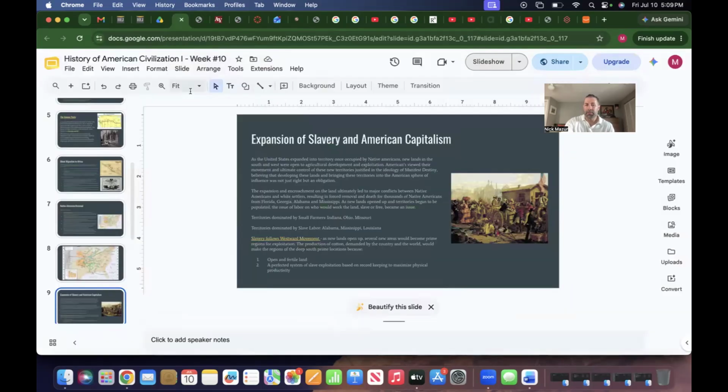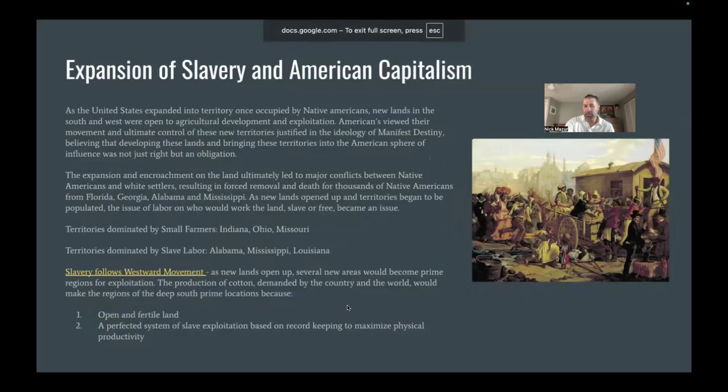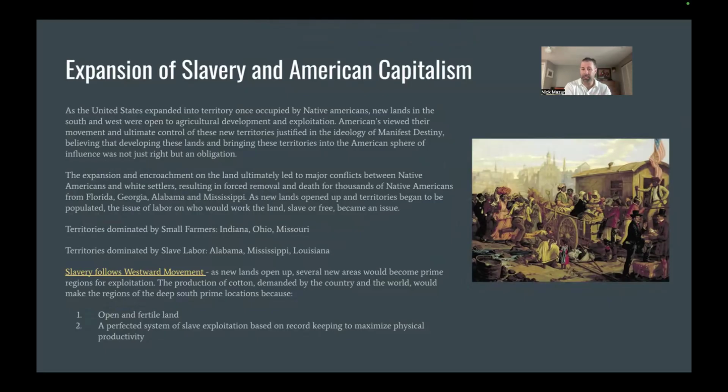Okay. So as we look at this, one of the things that we want to try to understand is that as land, open fertile land, becomes available with Native Americans being moved out, slavery as a system begins to take hold in much stronger form and fashion. What I want to be able to emphasize to you is how the system of slavery lays the foundation for our modern system of capitalism.